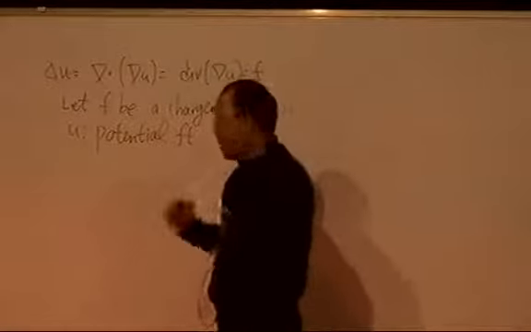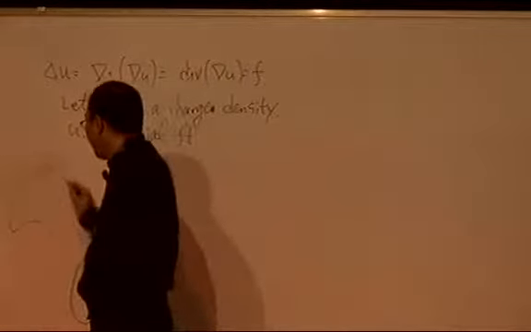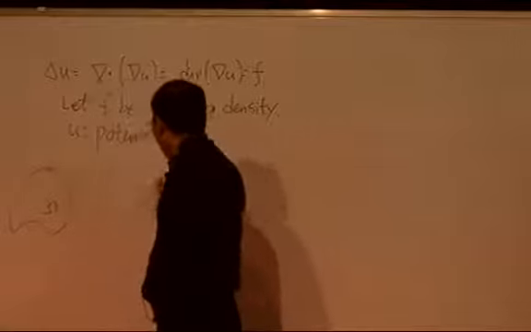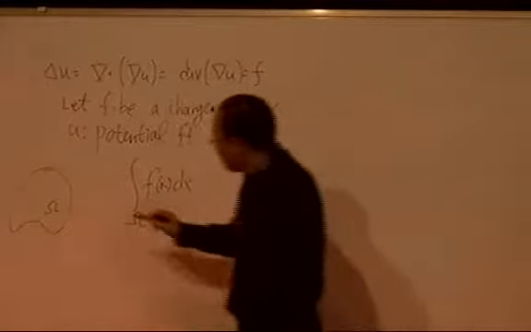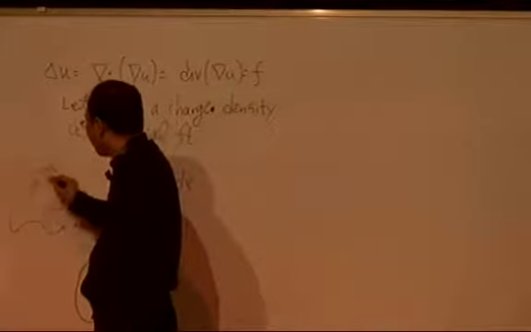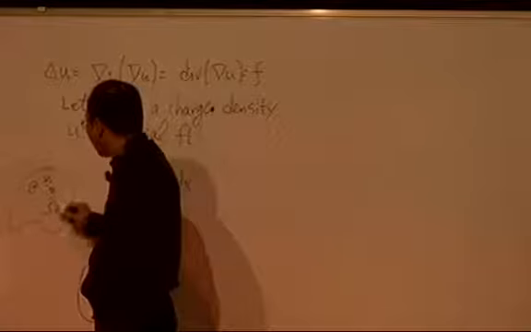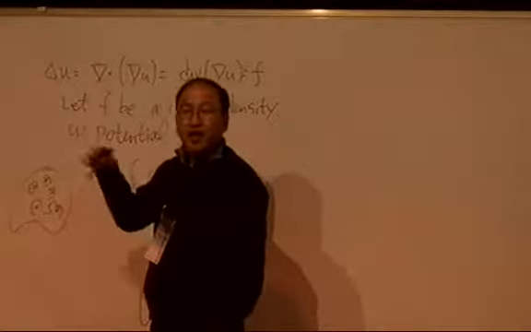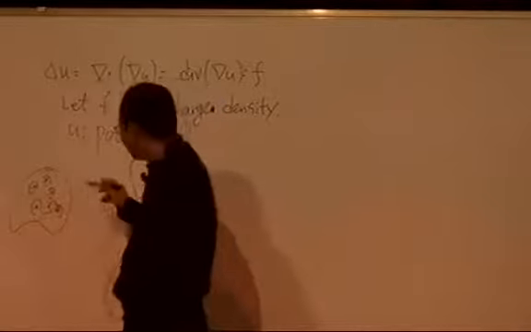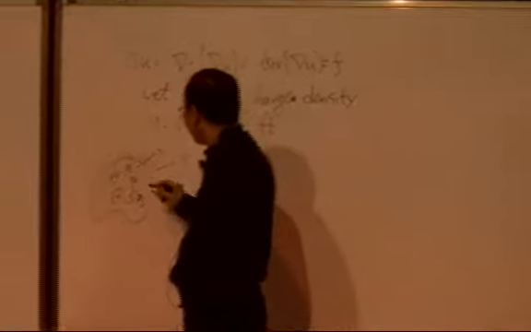If you give me any domain omega, then I look at the total charge. If you put the total charge there, what is going to happen? You have high potential, then an electric field will be created, so it goes up.